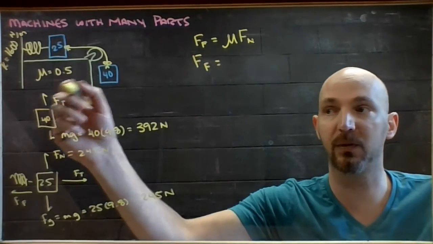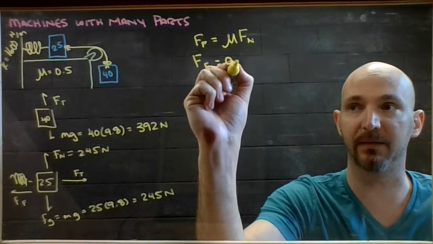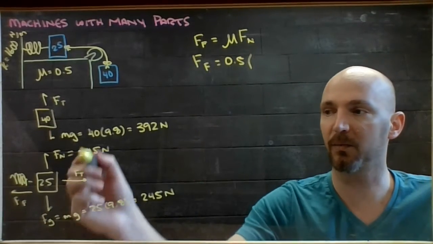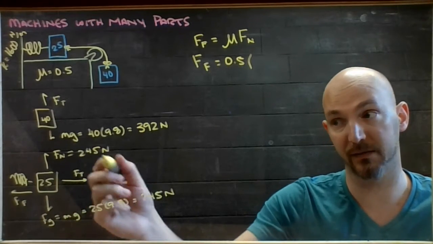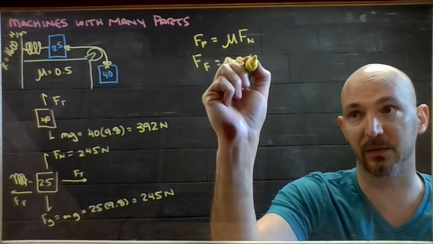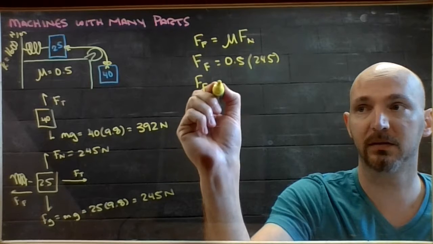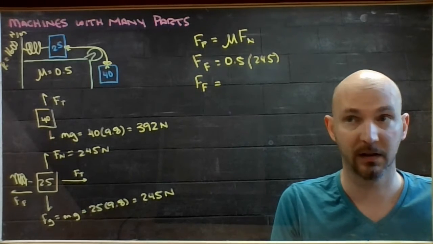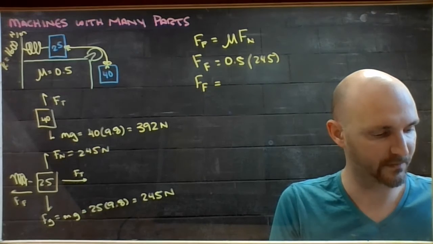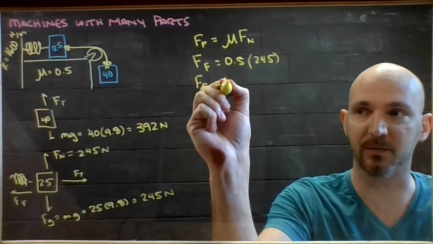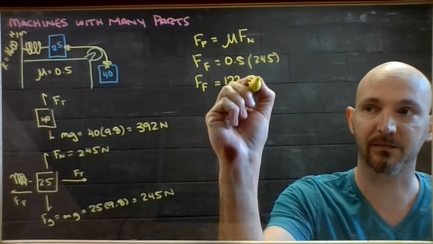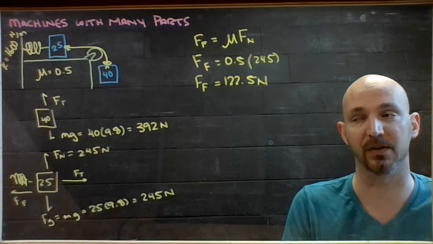And I have a mu labeled there on my table, 0.5. And the normal force is balancing gravity, so it's going to be 245 newtons times 0.5, which gives me 122.5 newtons. All right, so far so good.